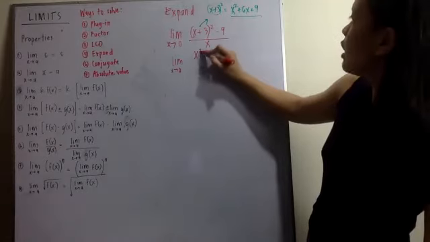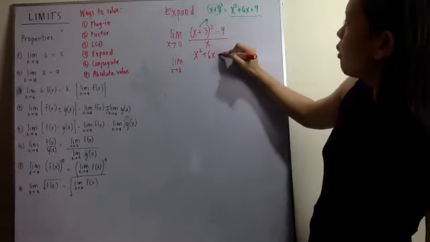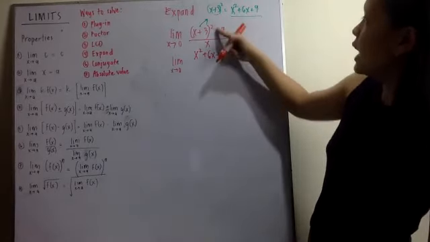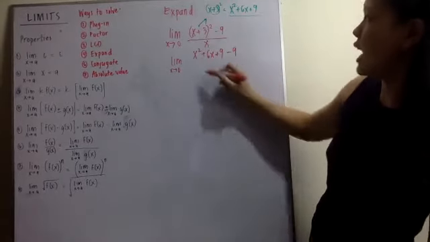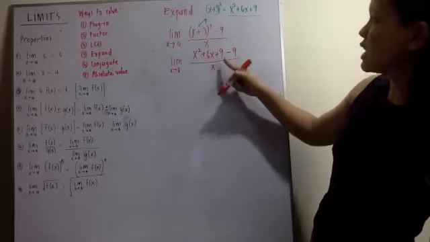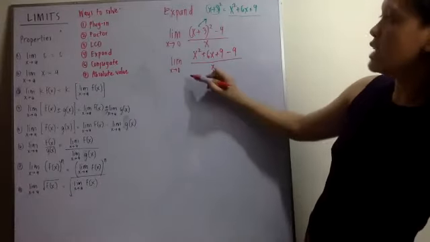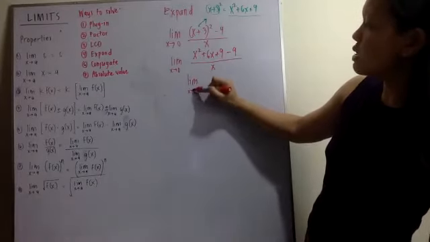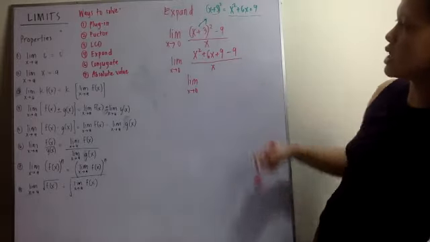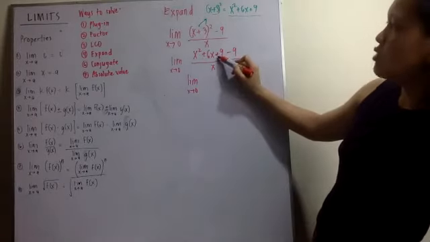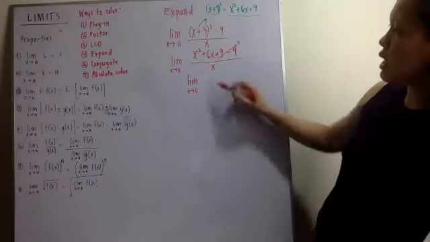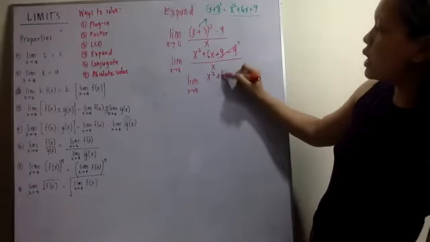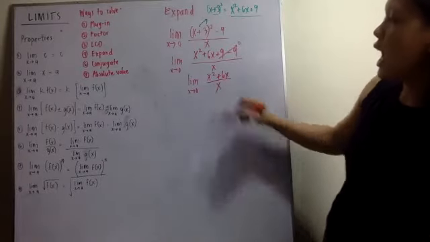X squared plus 6x plus 9 minus, ito yung x plus 3, so minus 9 over x. Simplify natin itong nasa taas. Limit as x approaches 0. Ano mangyayari dito sa 9? Positive 9 minus 9, 0 lang to. Correct? So may iwan tayo with x squared plus 6x over x.